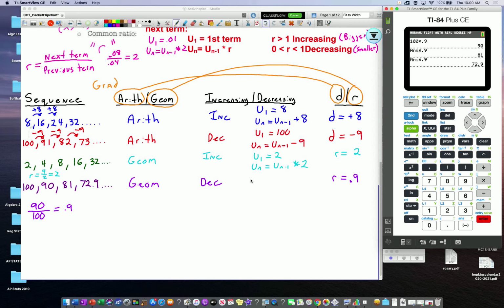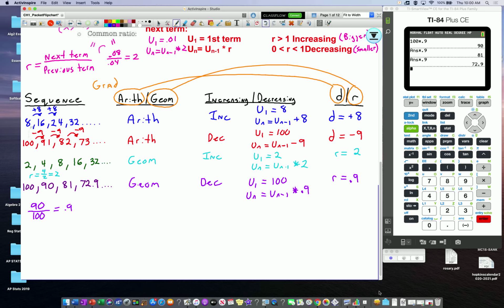So now, as I write the recursive rule, u sub 1 equals, so now my first term is 100. u sub n equals u sub n minus 1, and then I write the operation times 0.9. So you're going to see with geometric, I'm always going to get r to be a ratio, and I'm always going to use multiplying.